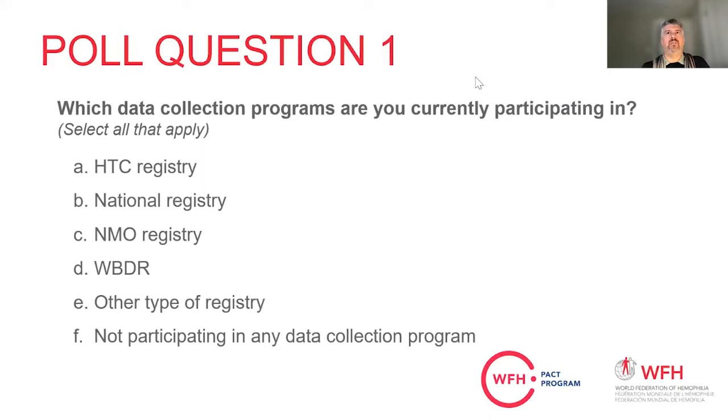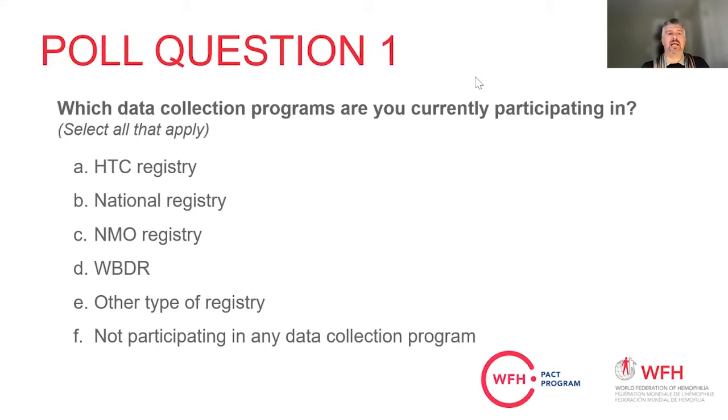Okay, we now have the result on screen, and I hope you see the result like I do. Quick comment: 60% of the participants collect data in a hemophilia treatment center, and shy of 50% in a national registry.